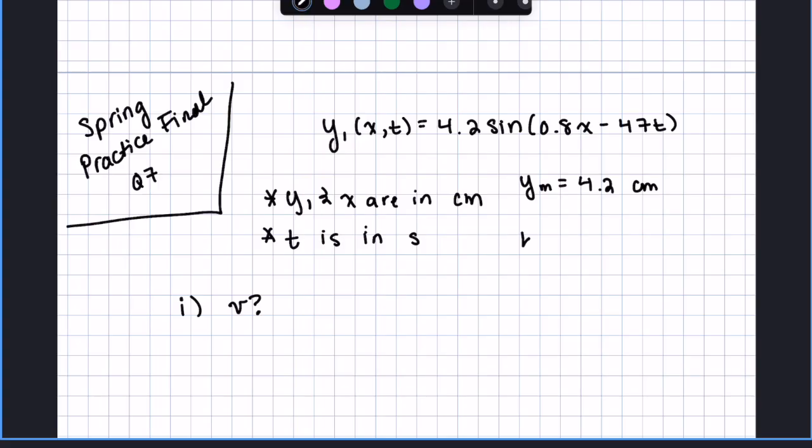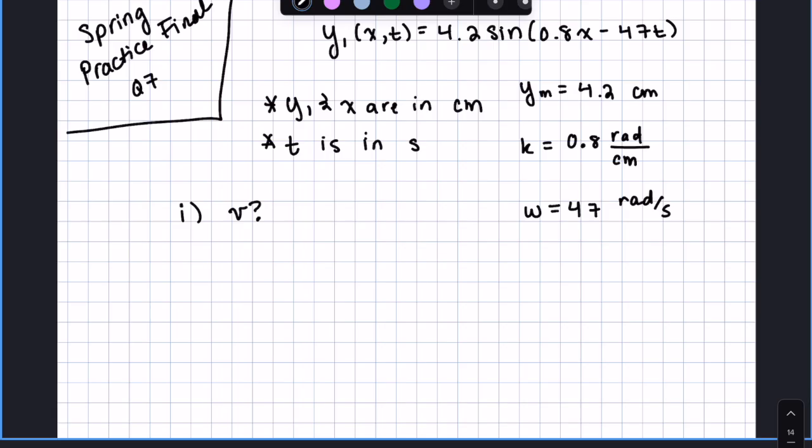I can pull out that my k, my wave number, is 0.8 radians per centimeter. So that's something I'm maybe not going to convert, but to be aware of when I'm reporting units. And if my t is in seconds, then my omega is 47 radians per second.